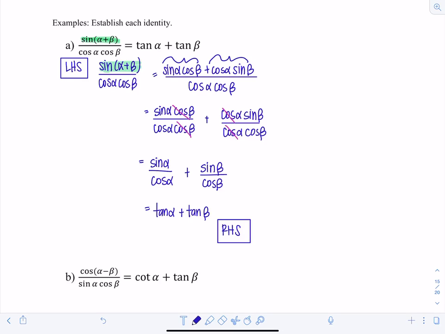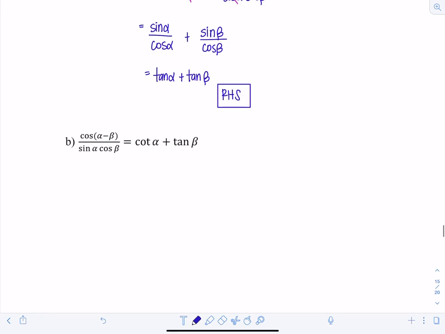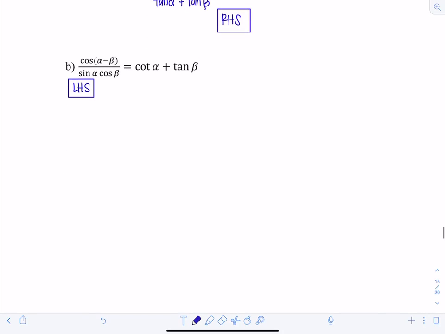All right, example B. Which side do you think we should start with? Yeah, again, the left-hand side, because we can use our angle subtraction formula for cosine. So we have cosine alpha minus beta over sine alpha cosine beta.